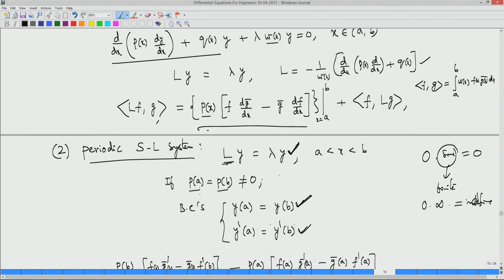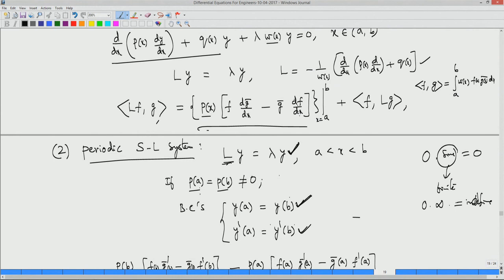If P of A is 0, okay, then you make sure that this quantity at A is finite. That means for any solution f and its derivative, or g bar and its derivative, has to be bounded at A, that is the condition, right. F and g bar are solutions, f and f dash, or g bar and g bar dash, they are the solutions, right.